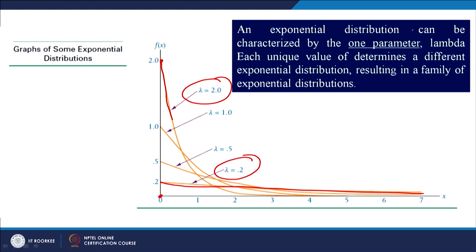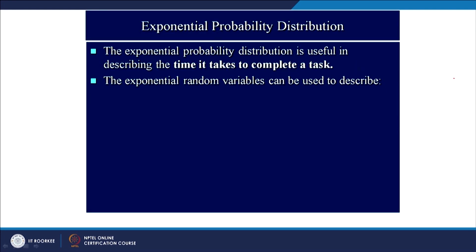An exponential distribution can be characterized by one parameter, that is lambda. Each unique value determines a different exponential distribution, resulting in a family of exponential distributions. Exponential probability distribution is useful in describing the time it takes to complete a task.